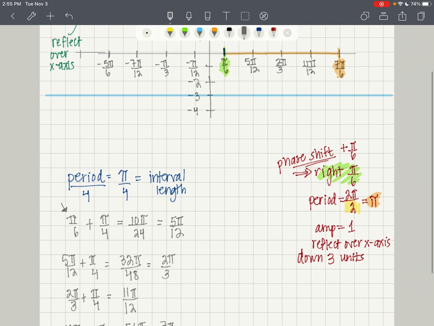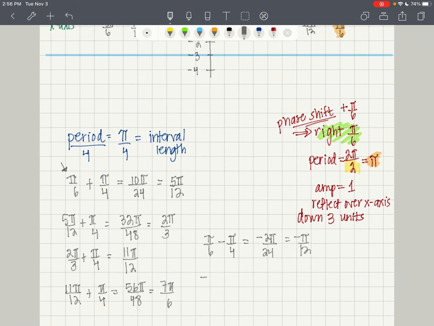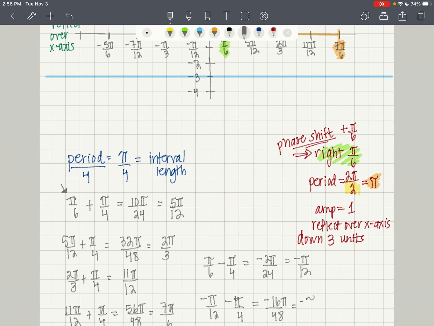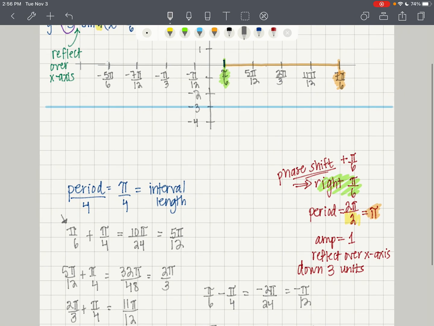Now when we go backwards, we're going to take pi over 6 backwards to the left. So we're starting here and going to the left. Pi over 6 minus pi over 4 is negative 2 pi over 24, which is negative pi over 12. Then we take that negative pi over 12 and subtract pi over 4. That's negative 16 pi over 48, which is negative pi over 3, and that's exactly what we have.